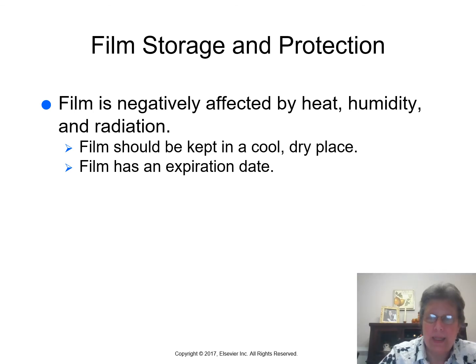Film also has an expiration date, so you want to follow the first in, first out rule. You don't want to let your x-ray film expire on you, because then you're going to get an x-ray that's not going to have the shades of gray, the correct contrast that you're looking for.